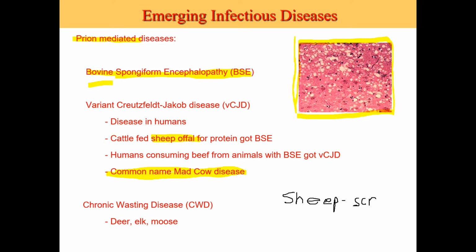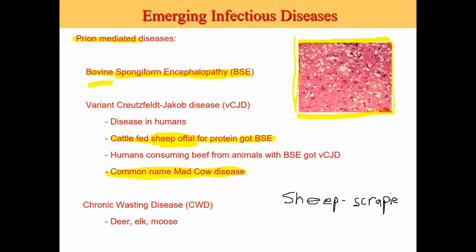Okay, it's difficult writing with this. Scrapie. Now what happened was that animals suffering from scrapie were butchered in abattoirs, and the offal, the waste viscera or organs, were used to make high protein feed for cattle. So the cattle got bovine spongiform encephalopathy.